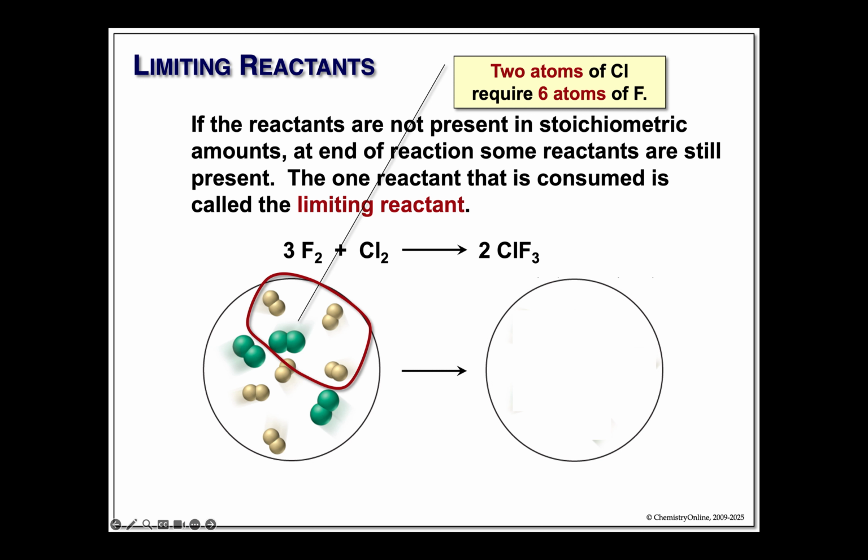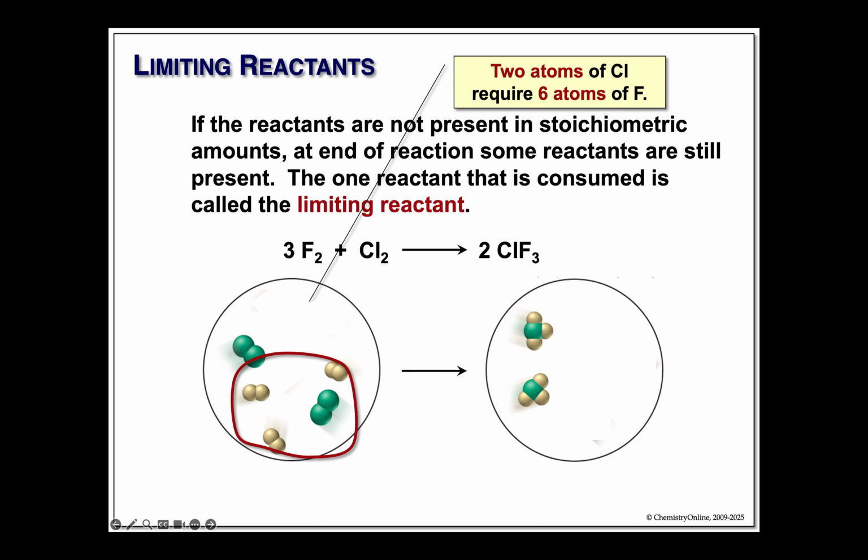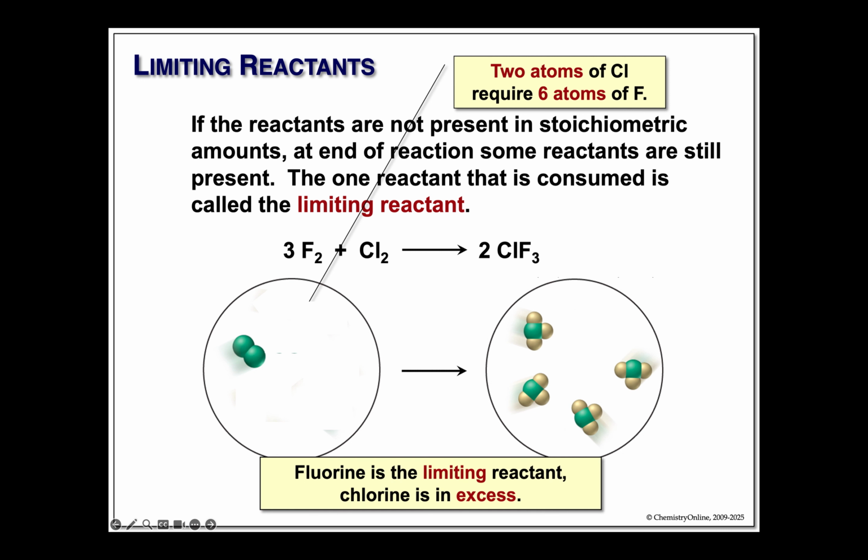Let's grab 3 fluorines and 1 chlorine. We will make 2 ClF3s. Let's do that again. 3 fluorines, 1 chlorine, 2 more. Now we're out of chlorine, aren't we?